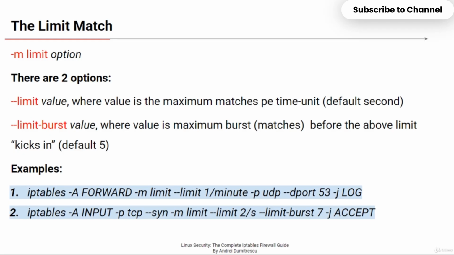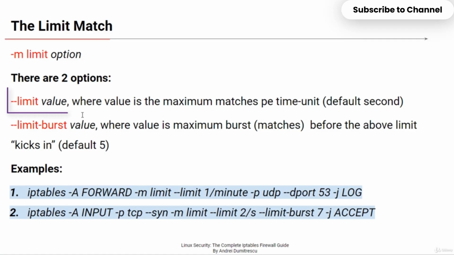In this lecture, we'll take a look at the limit match, which is, by the way, one of my favorites. The limit match uses a token bucket and restricts the rate of matches. It will only match a given number of times per unit of time. The -m limit match has two options.